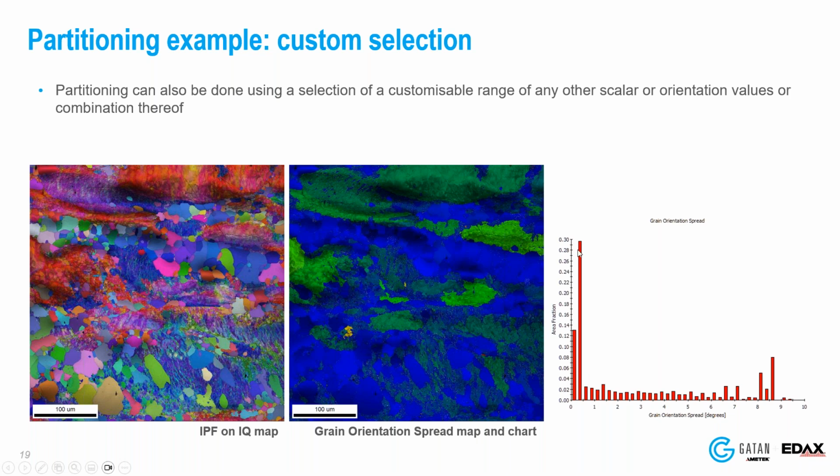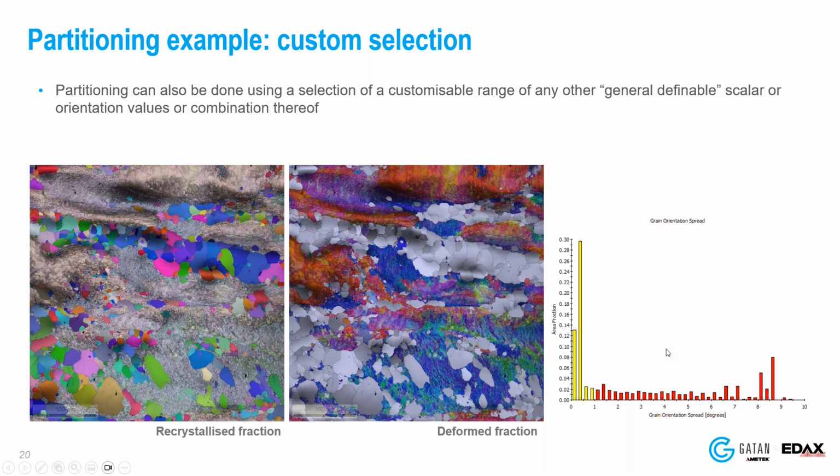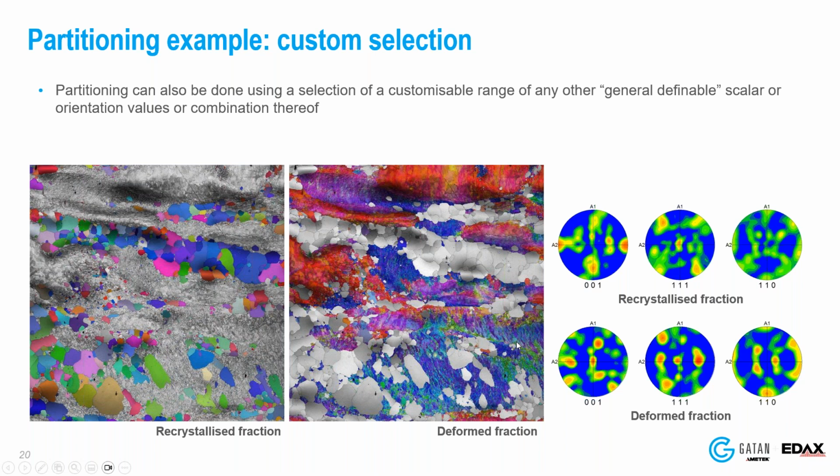So when I look at it in a chart, I can quantify that here. I can just select everything below 1 degree and say, okay, that's recrystallized, and I can separate that, and the deformed fraction here on the right, that's the rest. And then again, you can tell them apart, and you can look at any specific analysis that you may want to do for this.